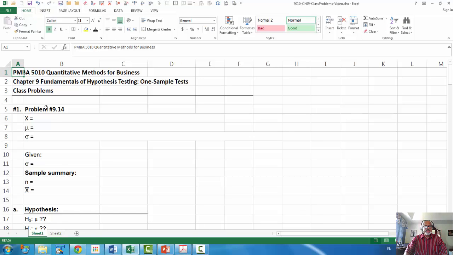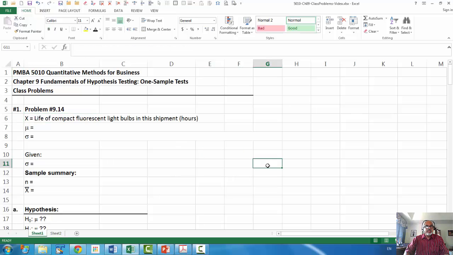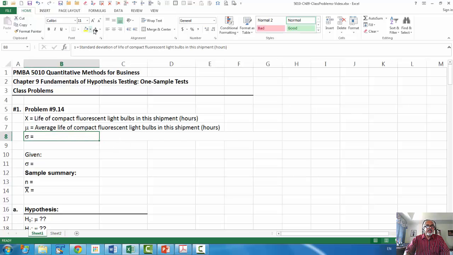Okay, so let's first define what x is, what mu is, what sigma is, and that is the context in which the numbers will make sense. So it is always important to define the variables. So here x is the life of a compact fluorescent light bulb in hours. Mu is the average life and sigma is the standard deviation.